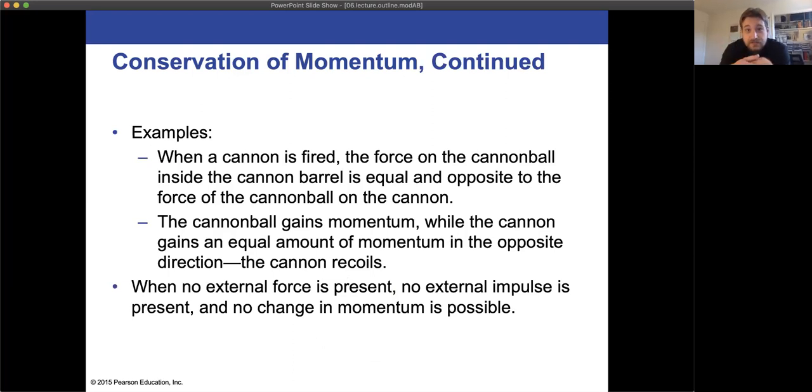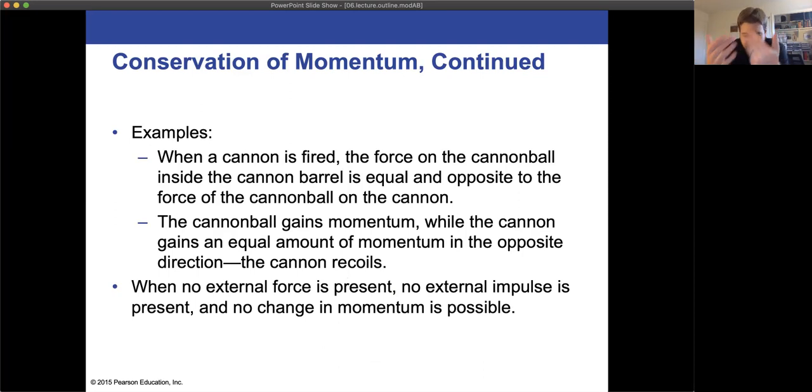The forces are equal because of Newton's third law, equal and opposite. If the cannon pushes on the cannonball, then an equal force acts back on the cannon. These forces are internal to the system, and I have no really good way of measuring how much force that is. So I don't want to do Newton's second law in the F equals ma kind of sense.